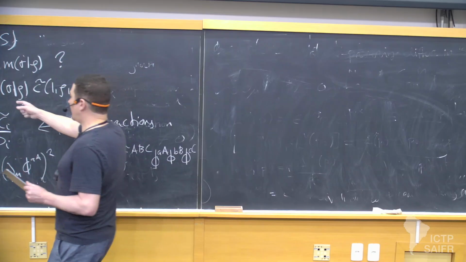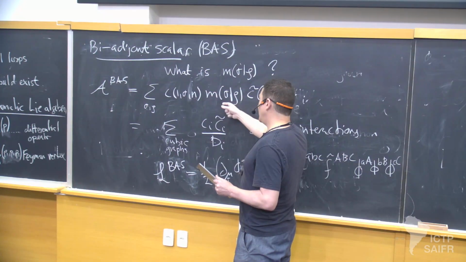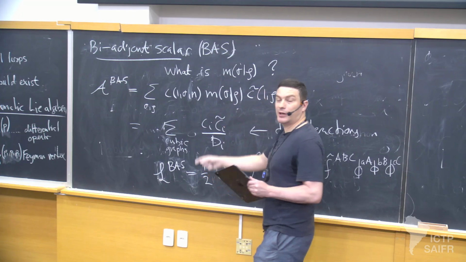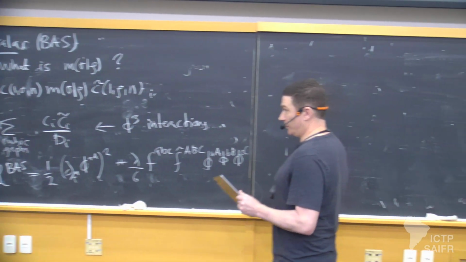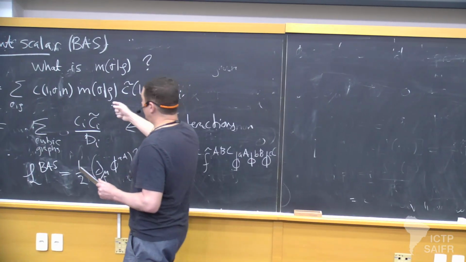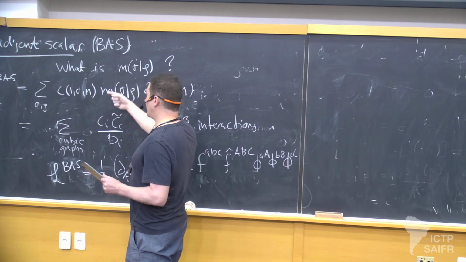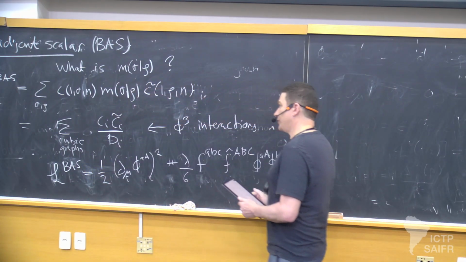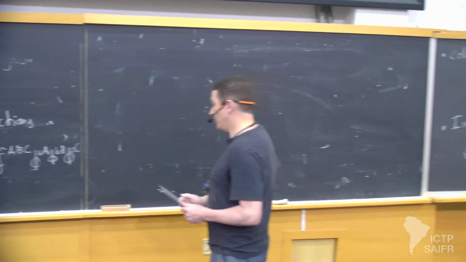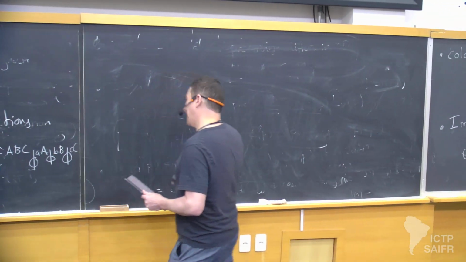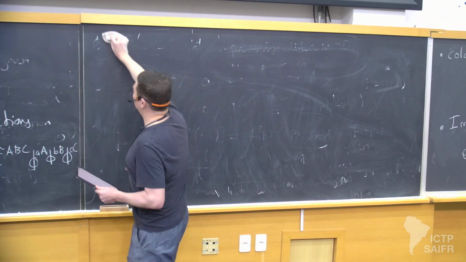And this was actually found in the context of CHY. I don't know if you heard of CHY, Cachazo, He and Yuan. They're the ones that noticed that this matrix here is actually the inverse of the KLT matrix, which I guess is kind of trivial in hindsight, but it wasn't noticed before that.